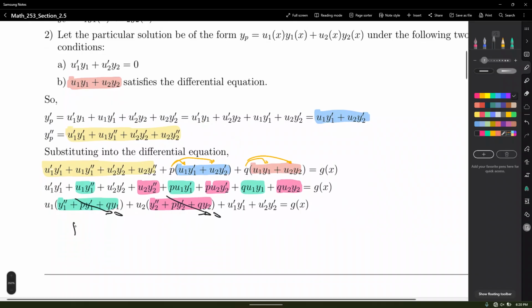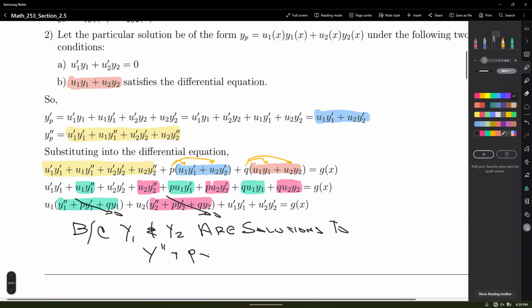This is because y1 and y2 are solutions to y double prime plus p y prime plus q y equals 0.